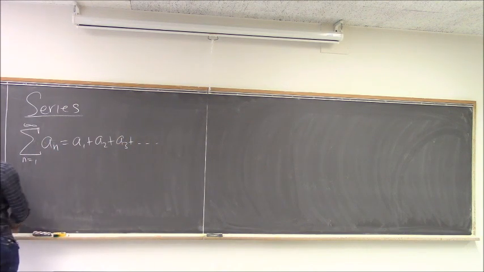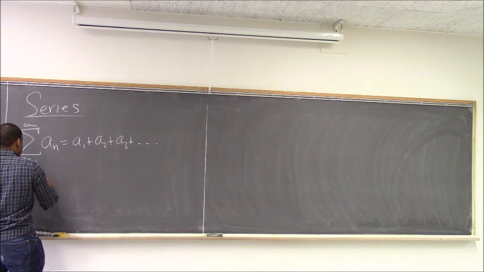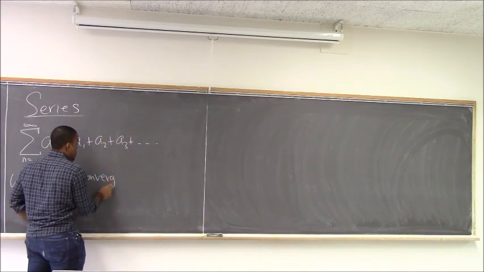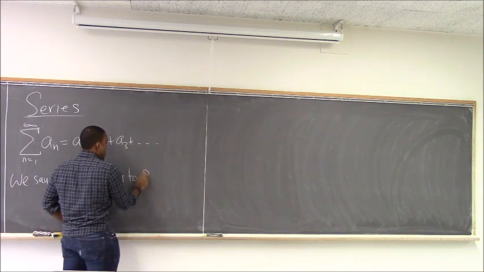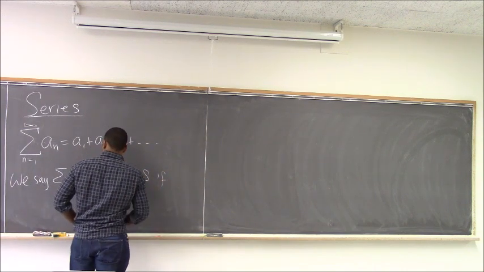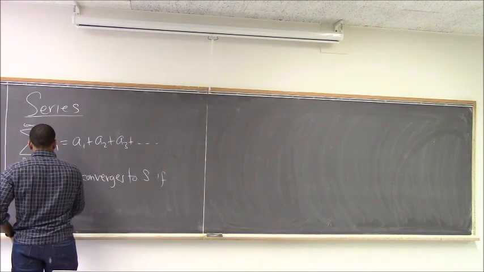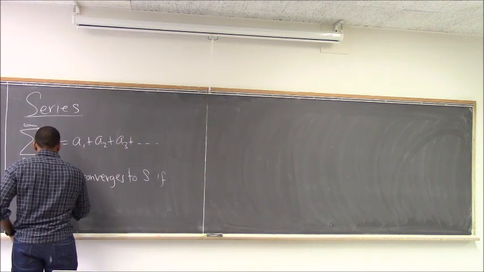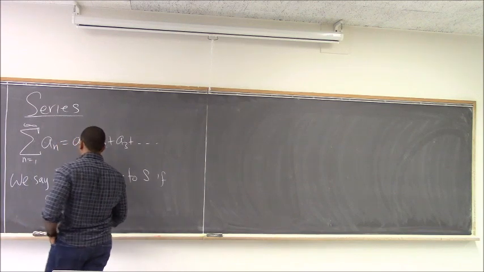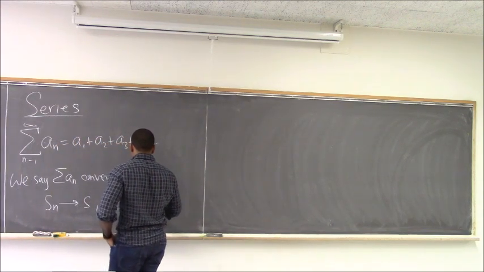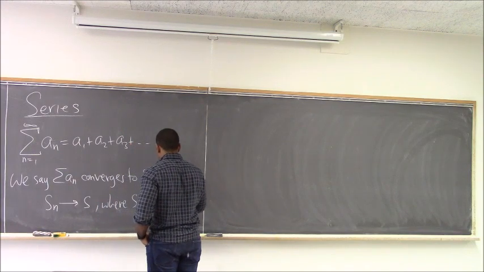Okay, and we say the series a_n converges to S if the limit, if S_n approaches S, where S_n equals the sequence of partial sums of the series.